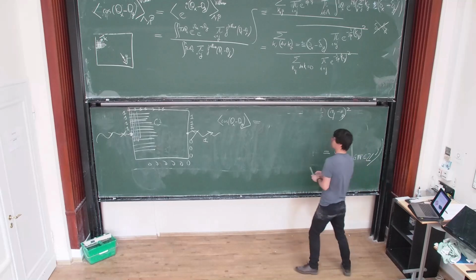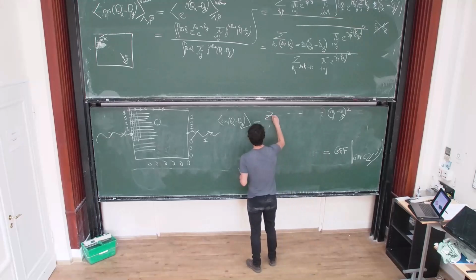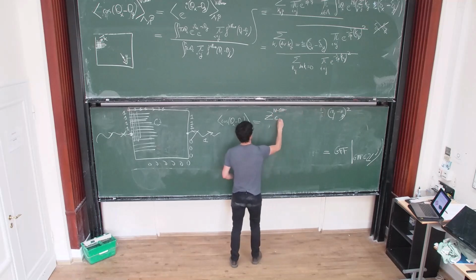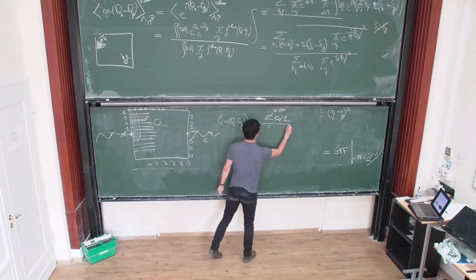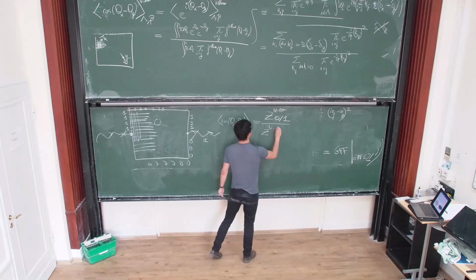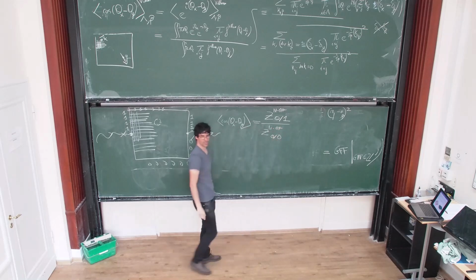But here it would be the partition function of the integer-valued GFF with Dobrushin 0,1 boundary condition, divided by the partition function of the integer-valued GFF with 0,0 boundary condition.